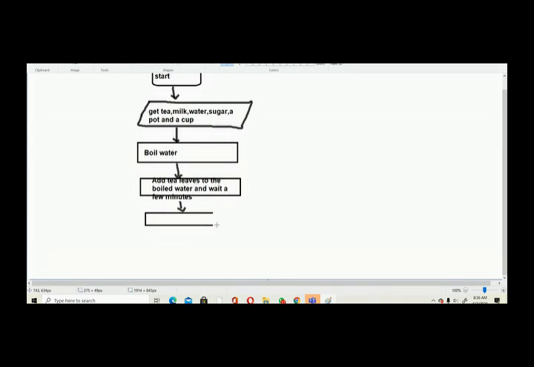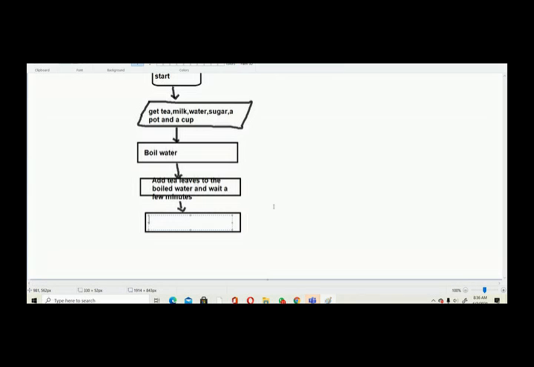Can we write it in one rectangle? Yes, we'll write it in one rectangle. Or you can write it in two. If you want, you can write strain the tea leaves and get the tea into a cup. That is a single step. If you want to take it as a single step, you can. Or else I'm going to write it together.